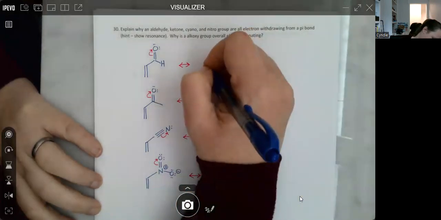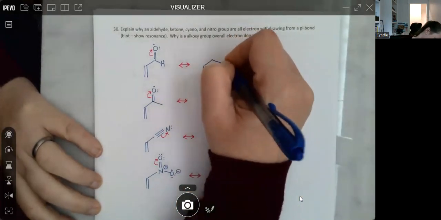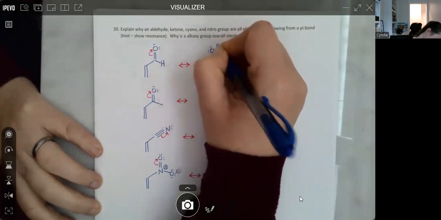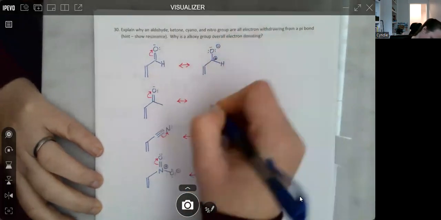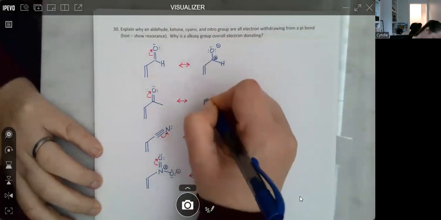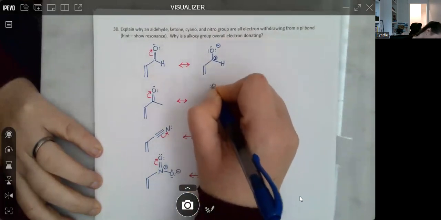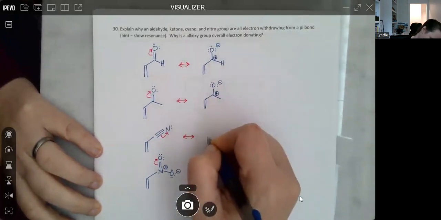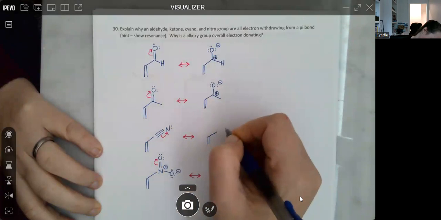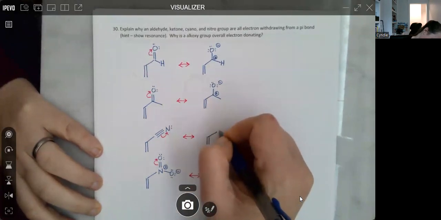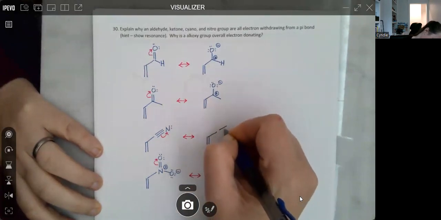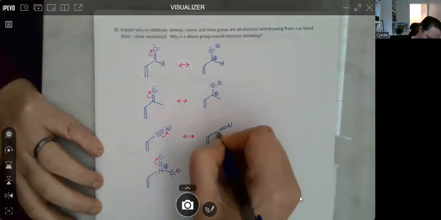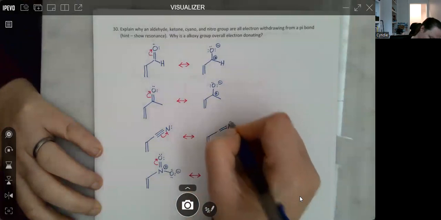And then let's draw what we formed here. You can draw the C in here if you want, or just leave it kind of like as a dot.